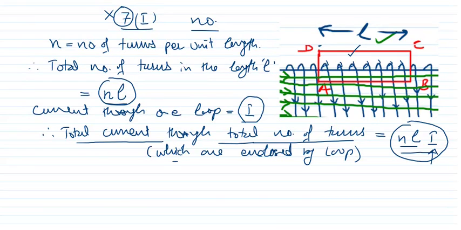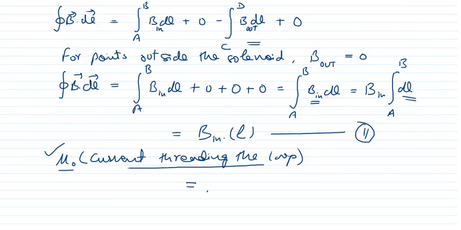Therefore it becomes mu naught into NL into I. This becomes equation number 3.